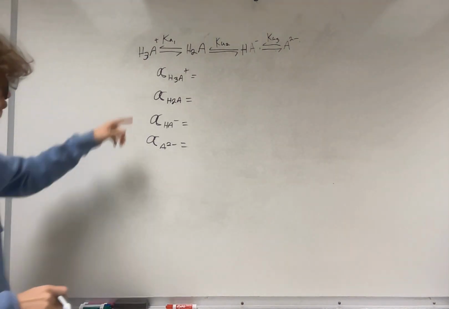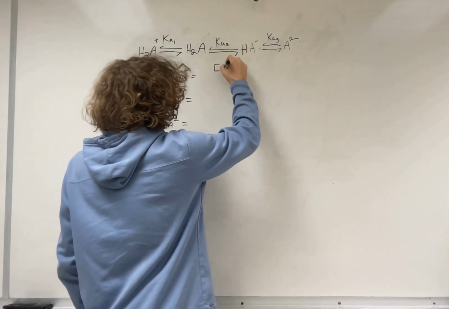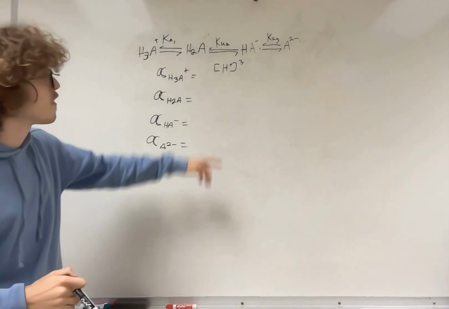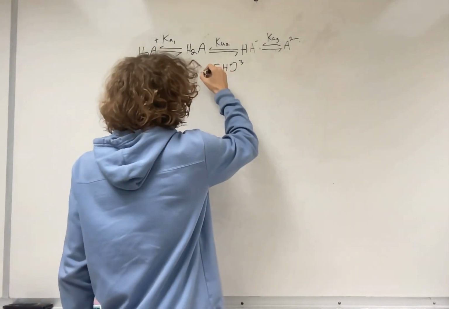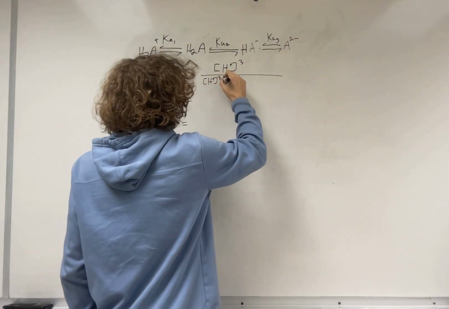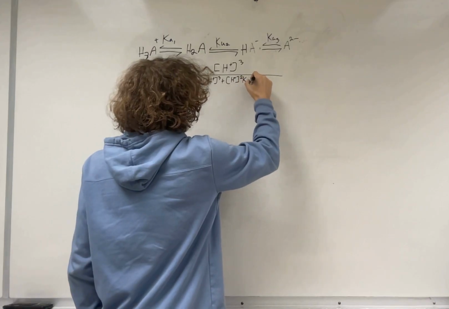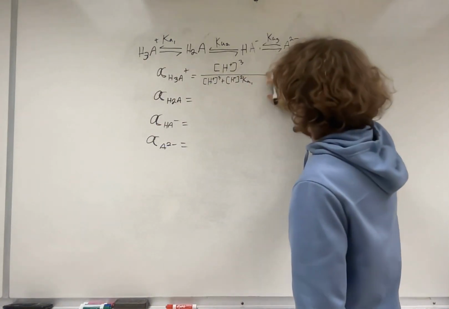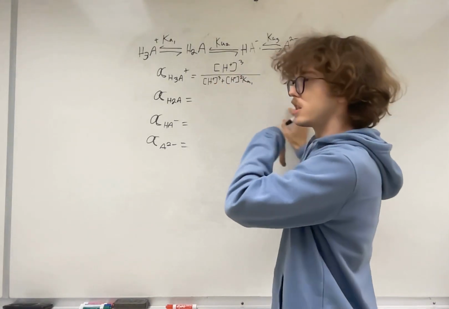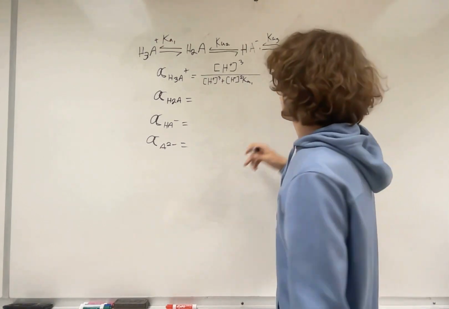So the fraction of H3A is defined as, in the numerator, H plus to the third, and the denominator is H plus to the third plus H plus squared Ka1. This is going to get quite lengthy, so let me center H plus to the third, because we like things nice and neat.